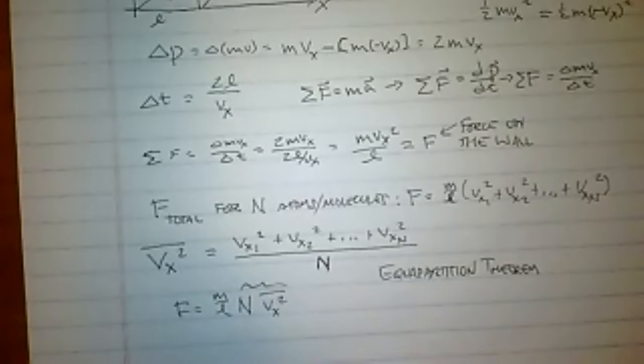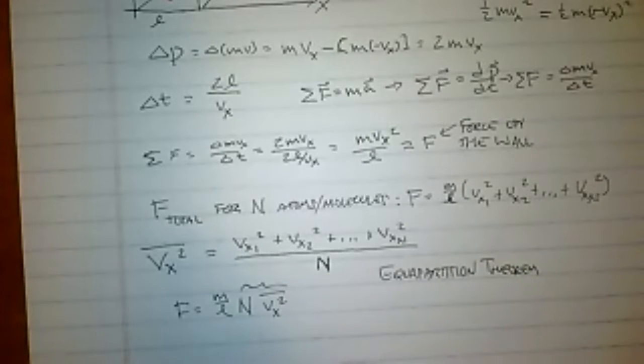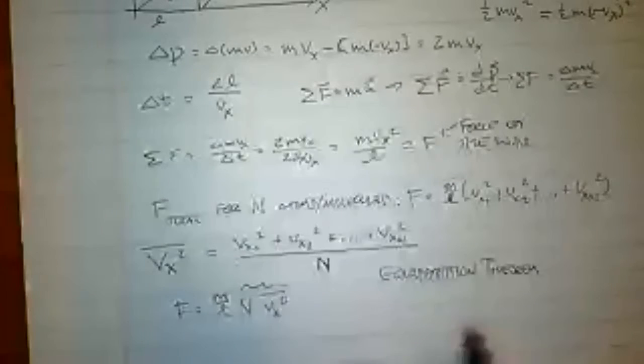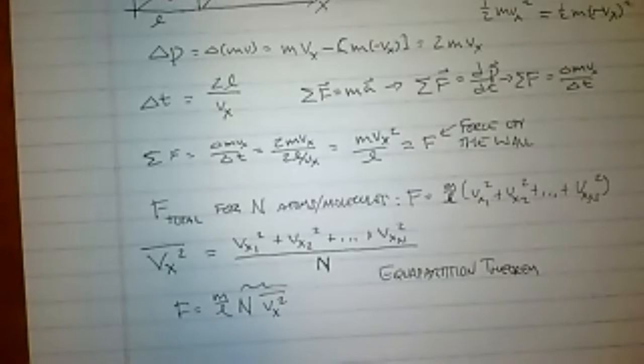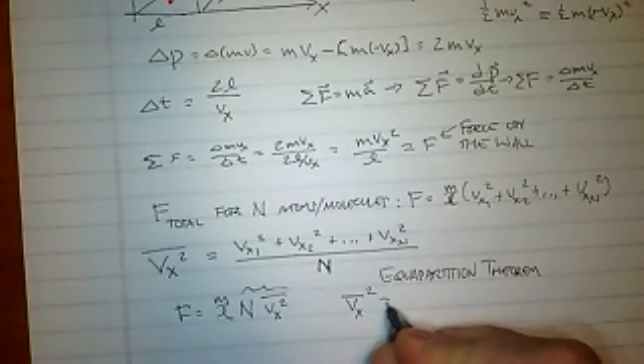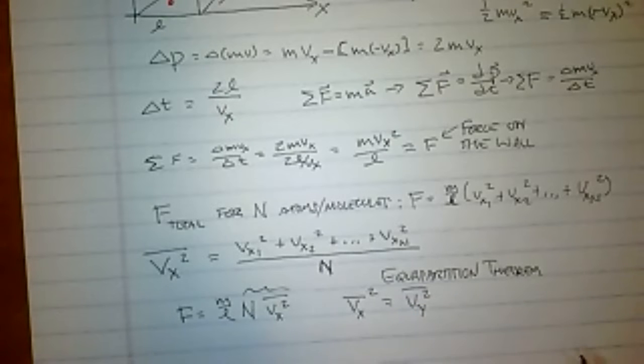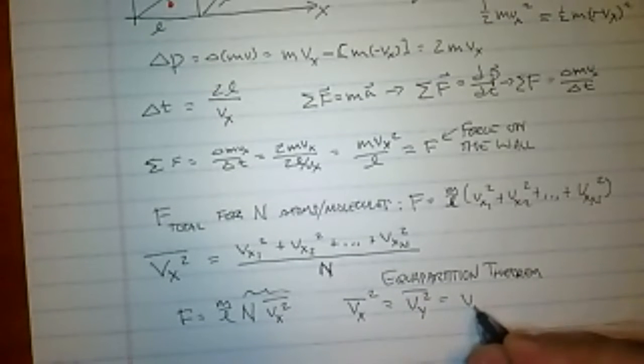When you have a buttload of atoms or molecules, there's no reason to believe that a larger fraction would be going in the x direction than in the y direction or the z direction. In fact, you expect the average of the square velocity in the x direction to equal that in the y direction and that in the z direction.